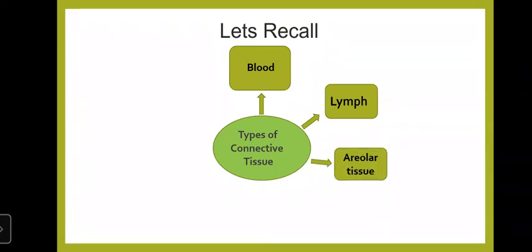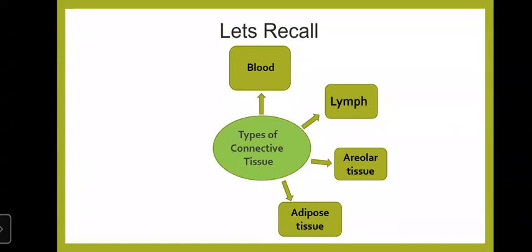Next was the semi-solid or jelly-like substance, in which we have studied areolar tissue, which consists of many different types of cells, which provide support to the internal organs, as well as help in protecting our body from the infective agents. Then the other semi-solid connective tissue is the adipose tissue, which is found underlying the skin and around the internal organs.